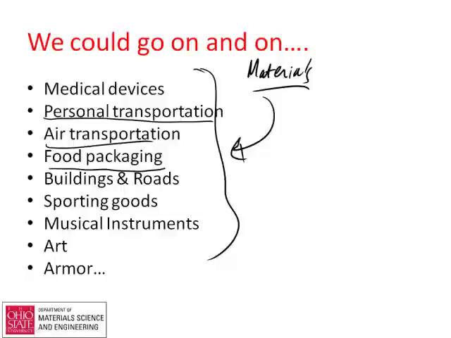Cans have actually enabled us to eat vegetables in the winter in large measure, keeps things clean. Buildings and roads, sporting goods, musical instruments were sort of traditional, but even things like electric guitars rely on wire and so forth. Art, armor, all these things. Every field you look at is really paced in large part by the materials that are available to make things.